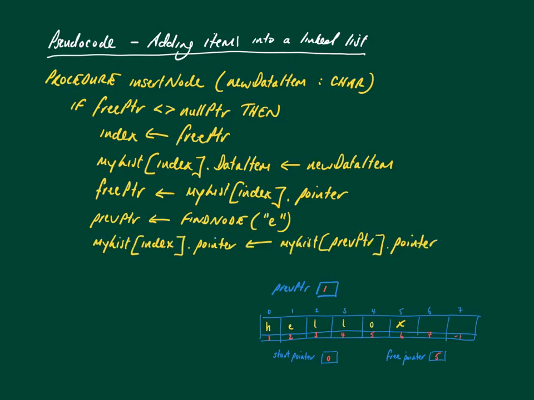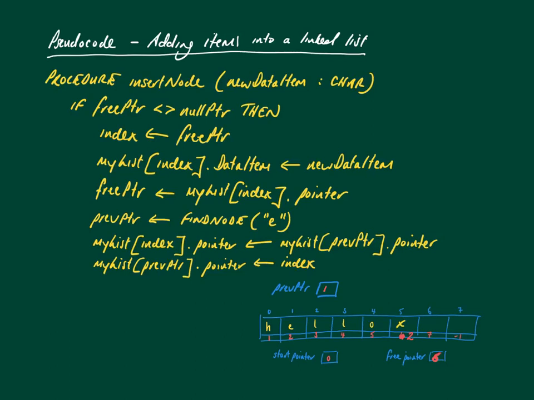What we're going to do here is set myList index's pointer to be equal to the pointer from the previous one, so where E was essentially. So we take what was 6 and we change it to 2, like so. Then we set the previous pointer's pointer, so where E is, instead of being 2, we want to set it to what index is.